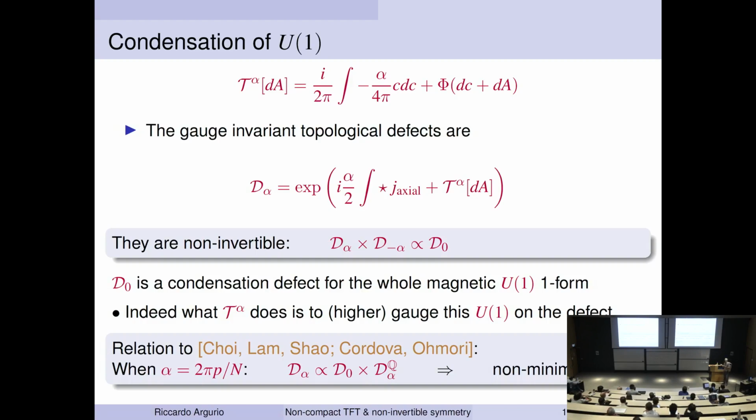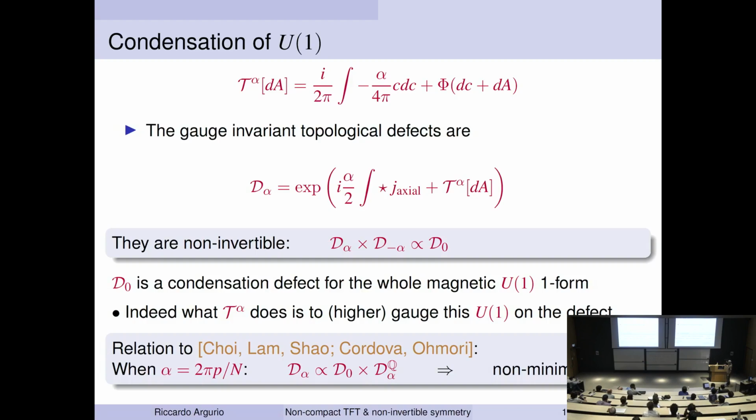It's actually what you would call a condensation defect, where all the magnetic one-form symmetry, which is there in QED, is condensed on the defect, so it's gauged but with flat connections.